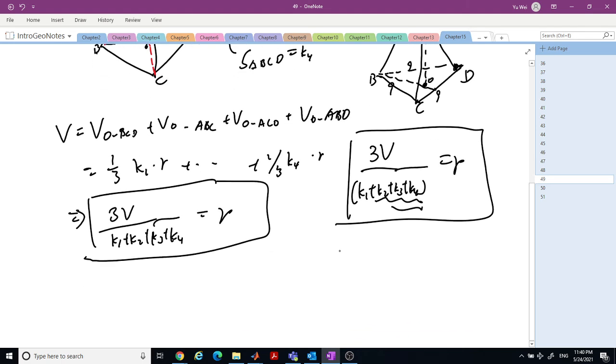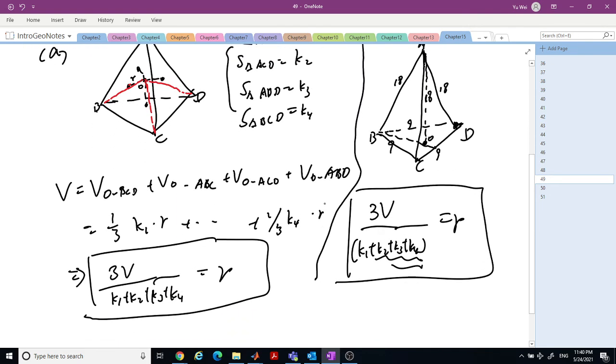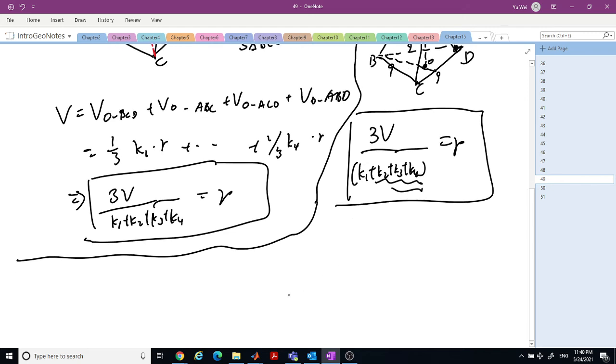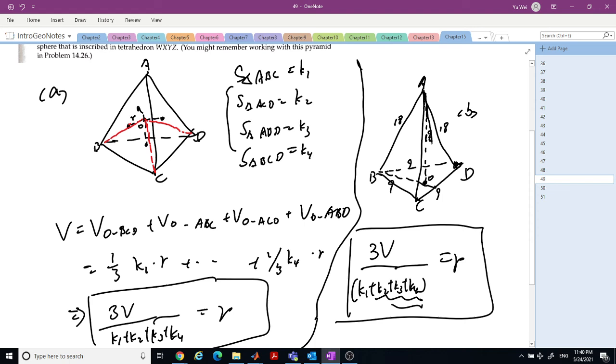Now let's solve it. This part is A. This part is B. Let's draw this one. We want to see what the height is, so let's calculate the height.